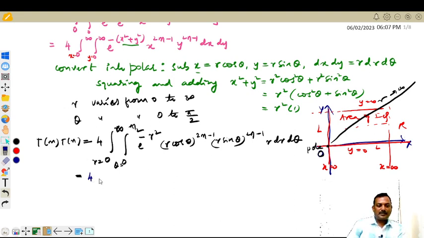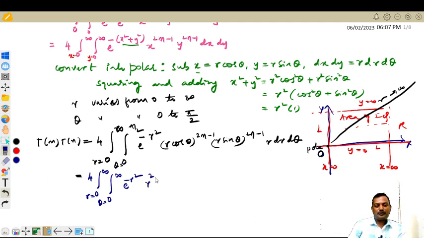Which is equal to, you keep it as it is, and in these two integrals r runs from 0 to infinity and theta runs from 0 to pi by 2. This is e raised to minus r square. You can separate this.